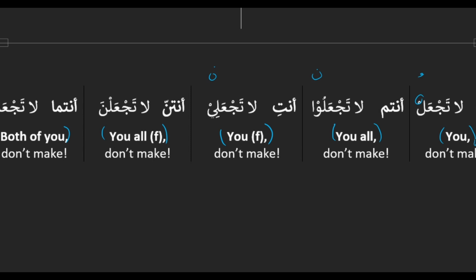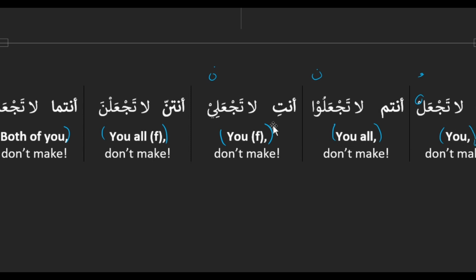Just think of it logically: when you forbid someone, you're going to forbid someone who's there in front of you, because you're talking to somebody. Forbidding is talking to someone, so you'd only say, you do something. You wouldn't say, he, do this, or she, do this. So it's always going to be second person, or talking to someone.